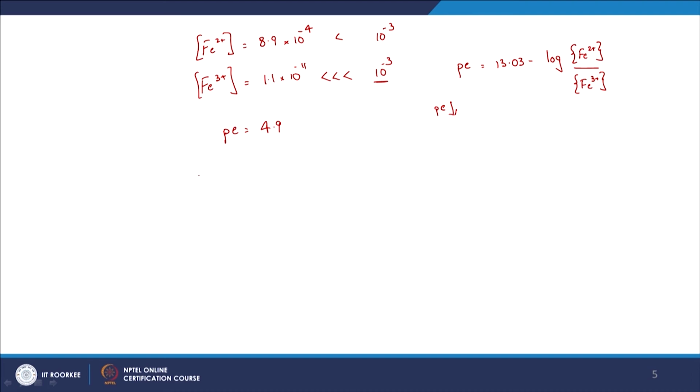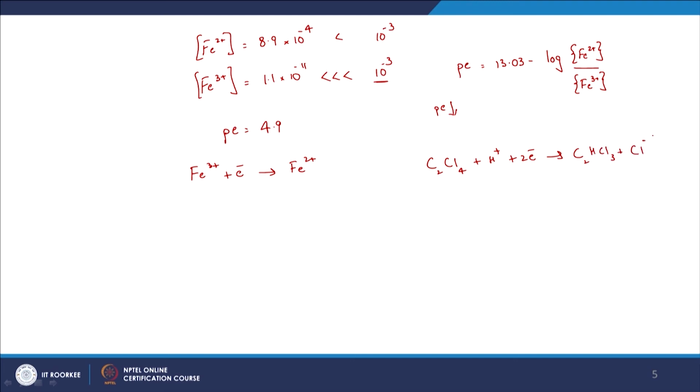Again, keep in mind that we are looking at two half reactions: Fe3+ plus an electron, where one electron goes to Fe2+, or Fe3+ is reduced to Fe2+, and C2Cl4 plus H+ plus 2 electrons giving C2HCl3 plus Cl-.